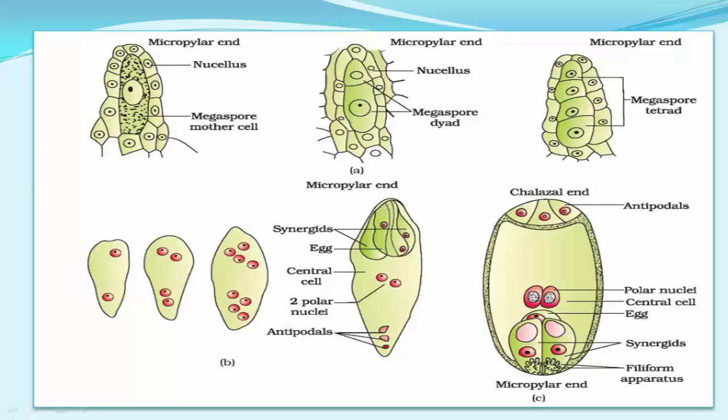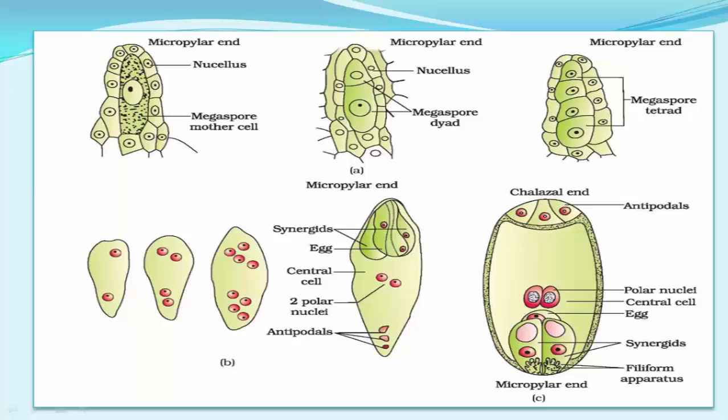If 2 cells of the megaspore tetrad give rise to the development of the embryo sac, it is called the bisporic embryo sac. If all the 4 cells of the megaspore tetrad undergo the development of the embryo sac, it is called the tetrasporic embryo sac. But in our PU syllabus, the mentioned method is the monosporic development of the embryo sac.